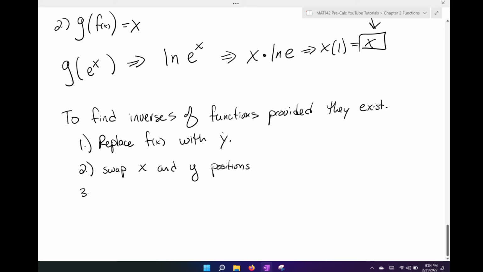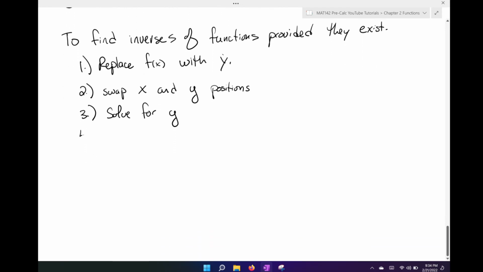Step 3, solve for y. Step 4, replace y with the inverse of x. And then 5, you always want to state your domain just to make sure everything looks nice.